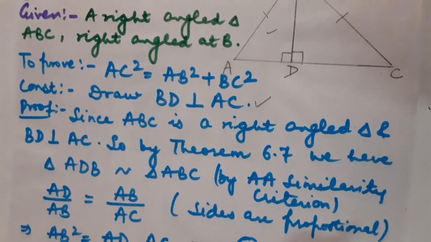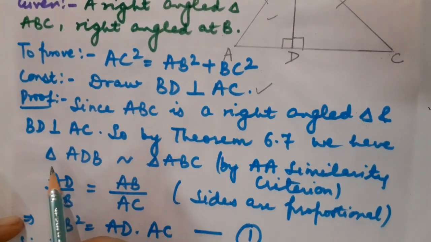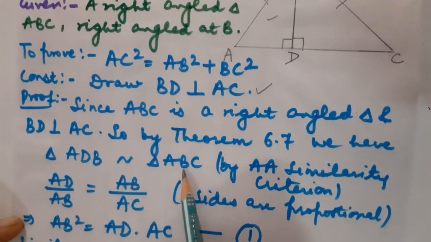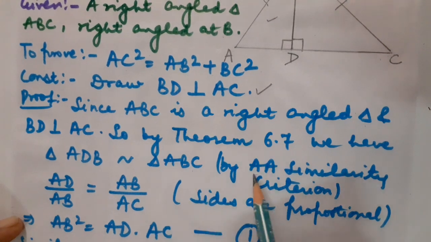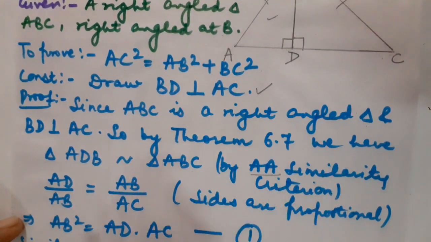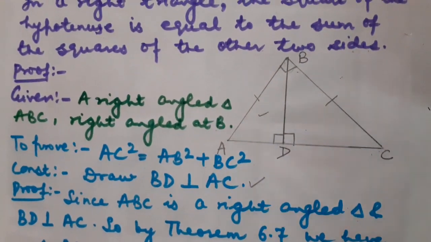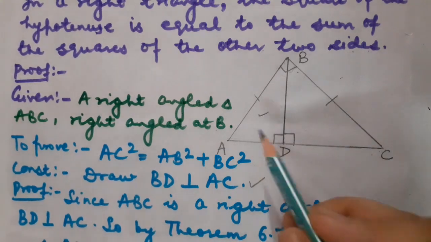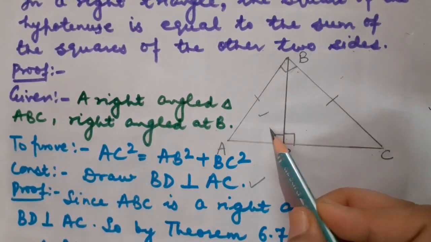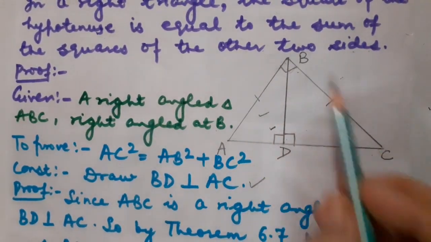So let us start. I am going to take the very first condition, that triangle ADB is similar to triangle ABC. How? By double A similarity criteria, just proved in the previous question. So can you let me know how did I apply double A criteria? This is triangle ADB and triangle ABC.